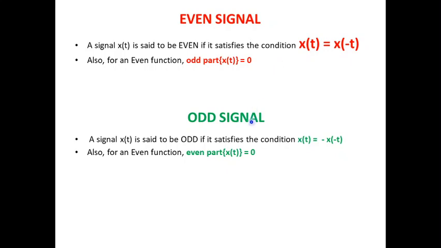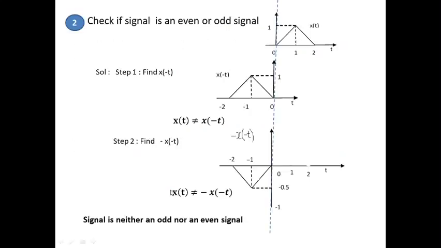Similarly, for an odd signal, a signal x of t is said to be odd if it satisfies the condition x of t equal to minus x of minus t. Also, for an odd function, the even part of that particular signal will be 0. So you can use any of these conditions to find whether a given signal is even or odd.